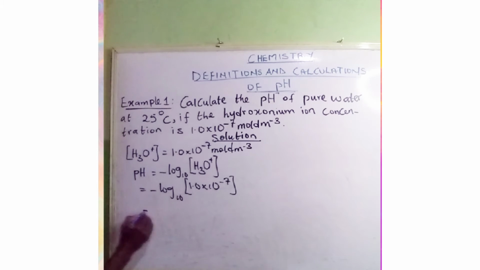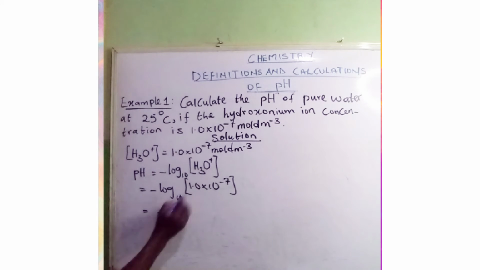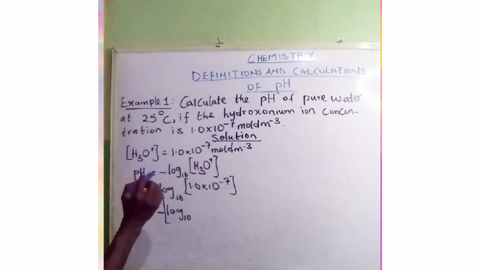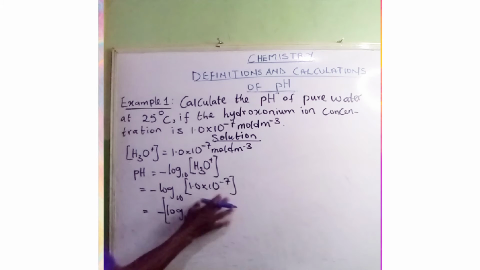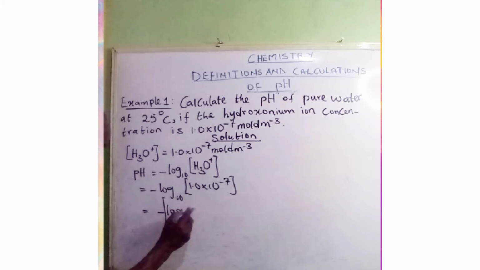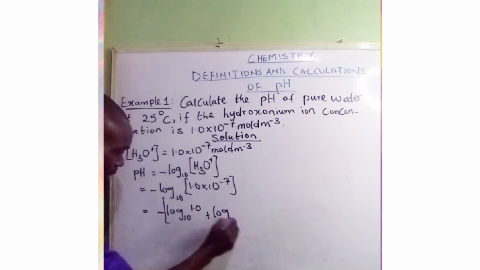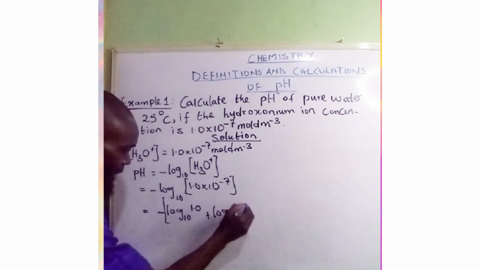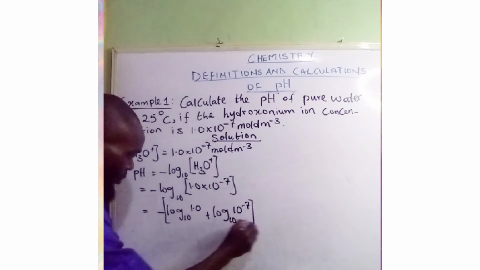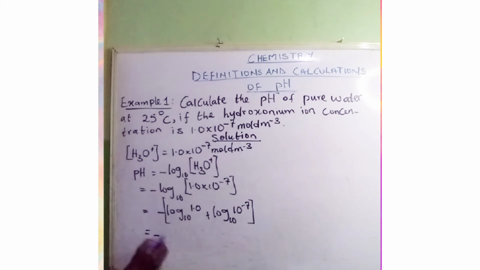We express it as minus log to base 10. Let us open the bracket: log to base 10 of 1.0 plus log to base 10 of 10 raised to the power minus 7. So we have minus log 1.0 to base 10.